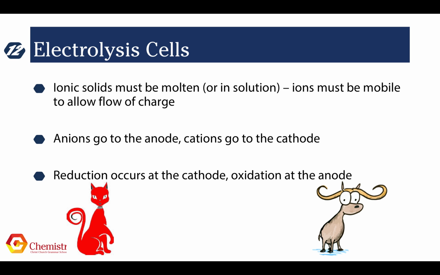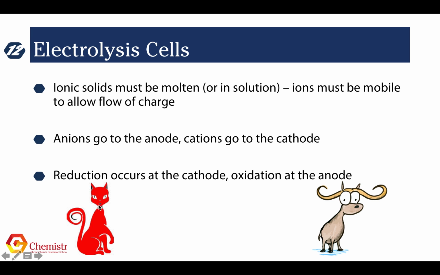So the positively charged ions will go to the cathode because that's negatively charged, and the negatively charged anions will go to the anode because the anode is positively charged.